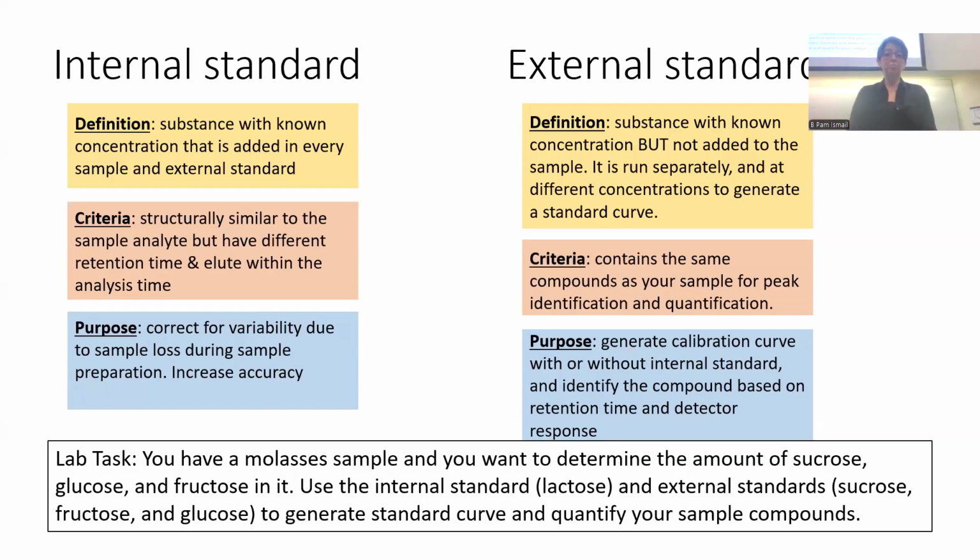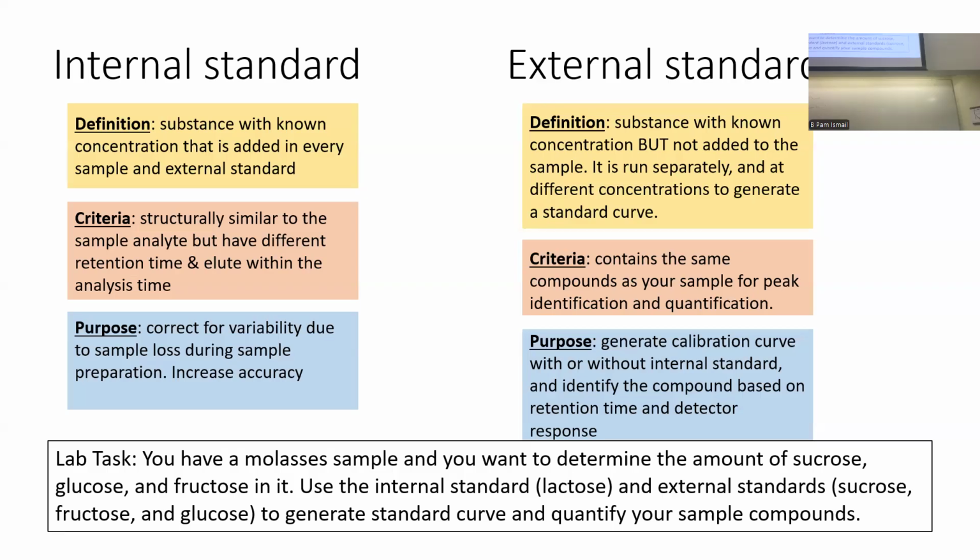An internal standard is a substance that you add at a known and constant concentration in all of your samples and in all of your external standards if you're using an external standard. So what does it do?